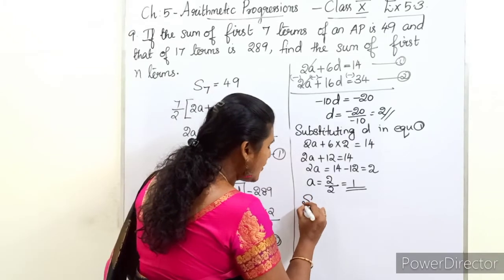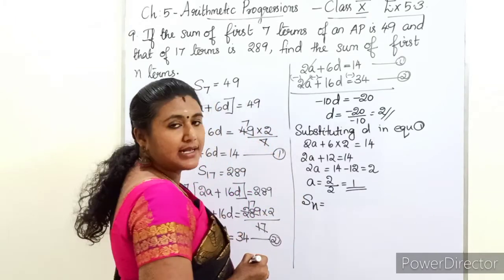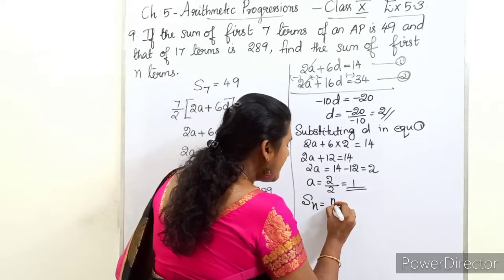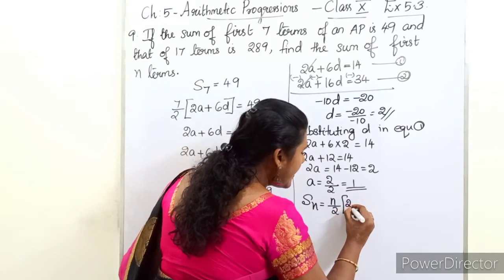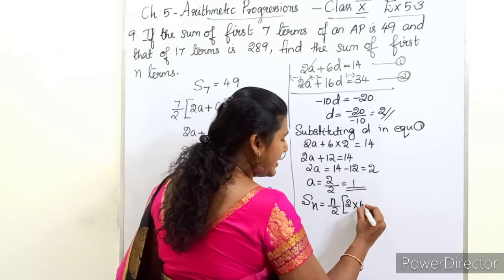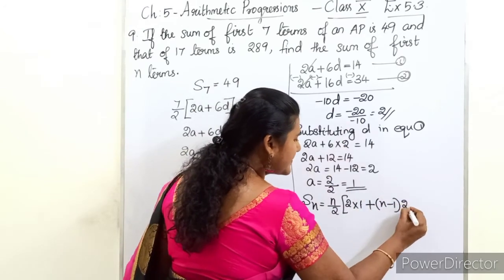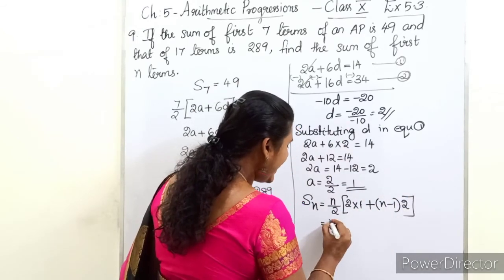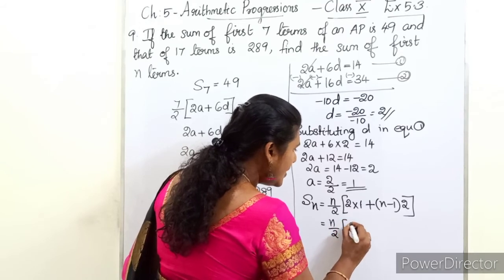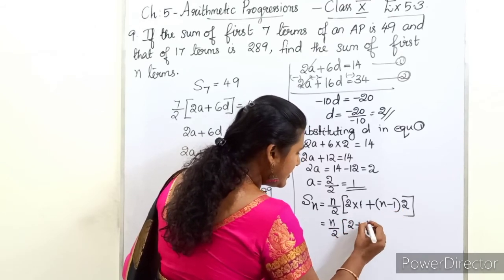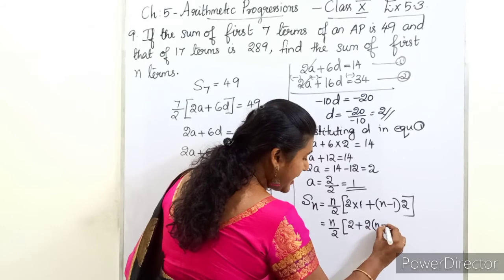Now we will find the sum of n terms, that is Sn, which is n by 2 into 2a plus, with a value 1, plus n minus 1 into d, which is 2. This we will simplify. So n by 2 into 2 plus 2 into n minus 1.